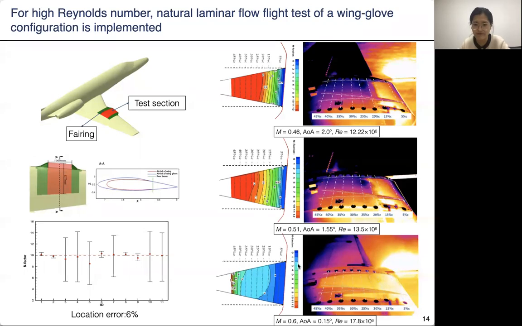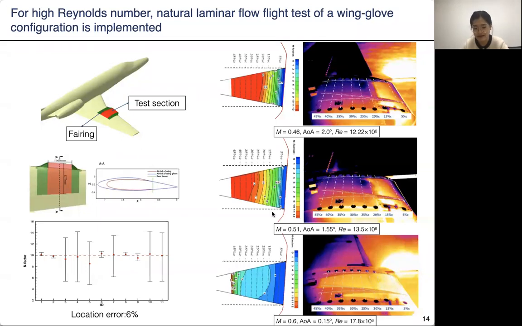The red figures show the simulation and the experimental IR images. So for the critical N value of 9, we can see the transition line corresponds to about 15%, while for the experiments, it is about 17%. So the simulation data matches well with the experimental data.